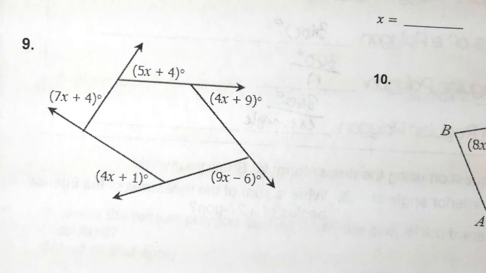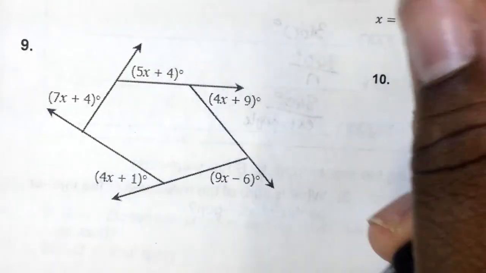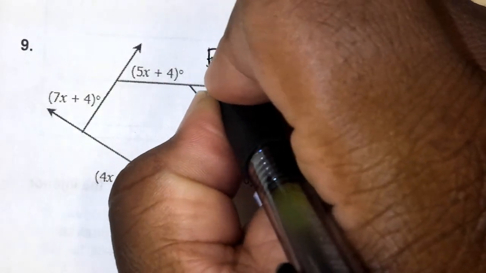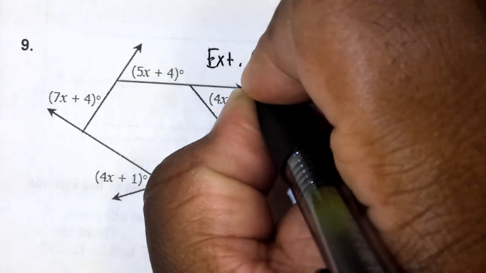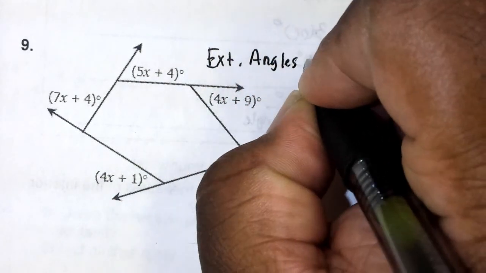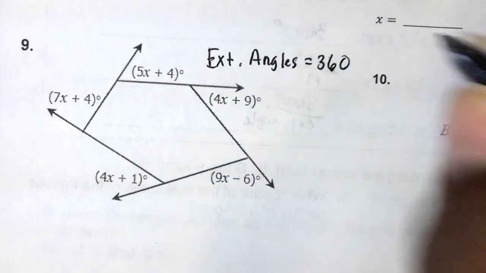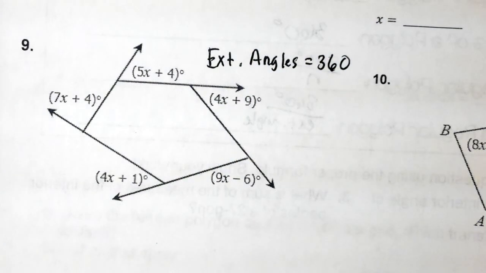Oh, now you know one. These are exterior angles. They on the outside, Earl. What should you know about exterior angles? There you go. You just told yourself how to write the equation. Alright, so number 9, you just need to understand you need to add them up. 7 equals 360. The other ones you should be good on.